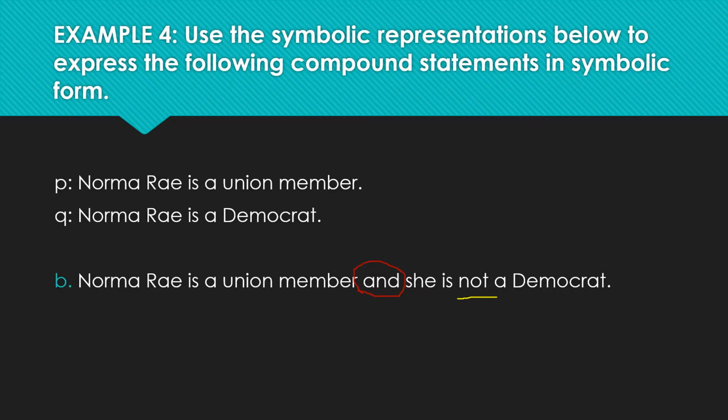Norma Ray is a union member, that's P. And then we have our little caret for the and. And since it says she's not a Democrat, that's a negation. So we're going to use our little tilde symbol. So P and not Q. That would be how you would represent this compound statement in symbolic form.